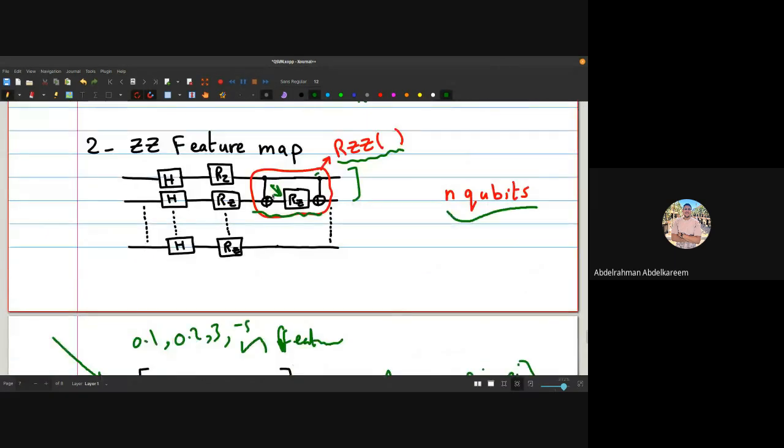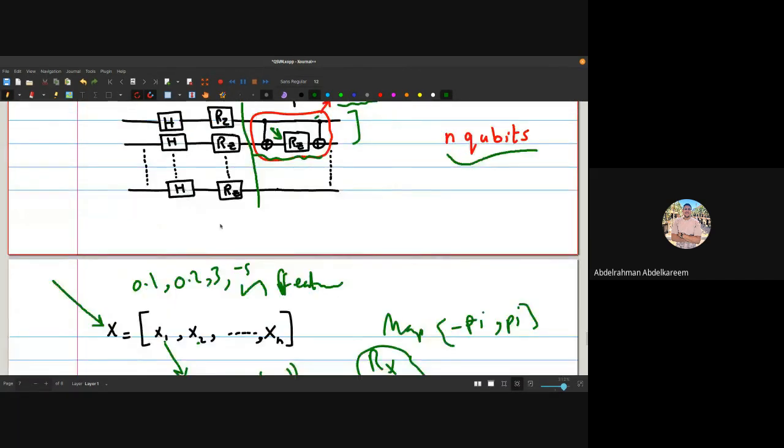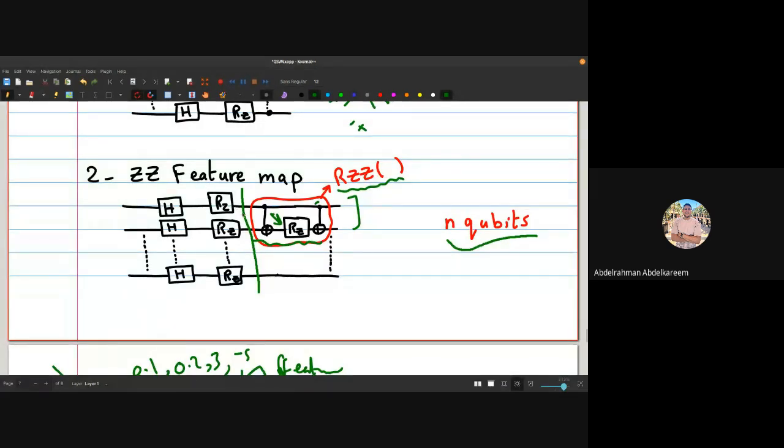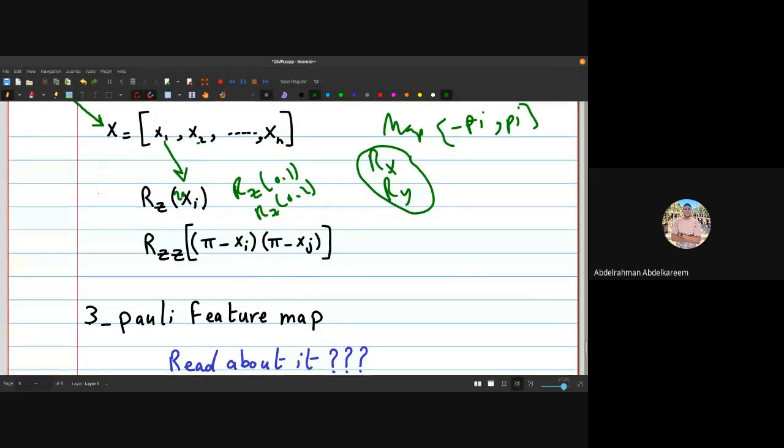Here, it's the same as the Z feature map, with the same injecting of the values into the rotation gates. Then for the RZZ, what are the values that we will input in this RZ gate? It will be pi minus xi, where xi is the value of one of the data points.